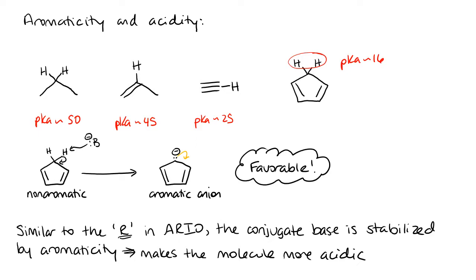R is usually for resonance. If the resulting electrons are stabilized by resonance, it's going to make that molecule more acidic. So the R in this case is similar to the aromaticity. The resulting lone pairs that we get here are stabilized by aromaticity, and that's going to make this a very favorable acid-base reaction. So similar to our R in ARIO, the conjugate base is stabilized by aromaticity and makes the molecule more acidic.